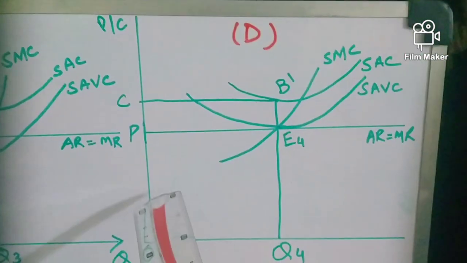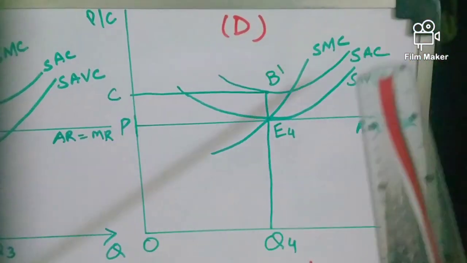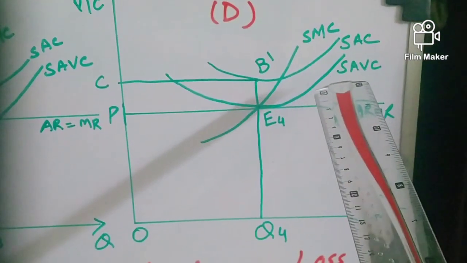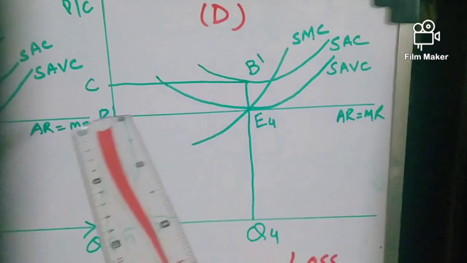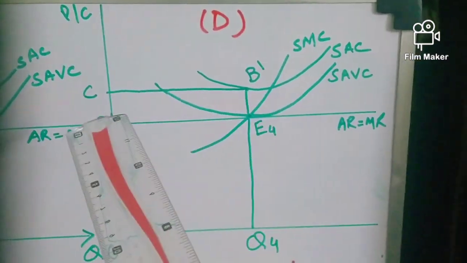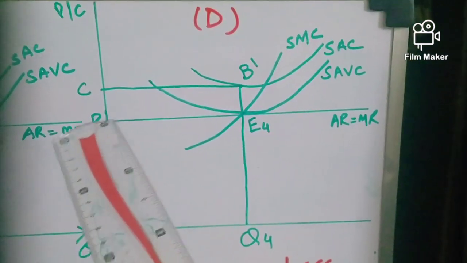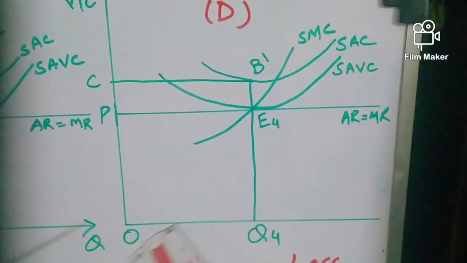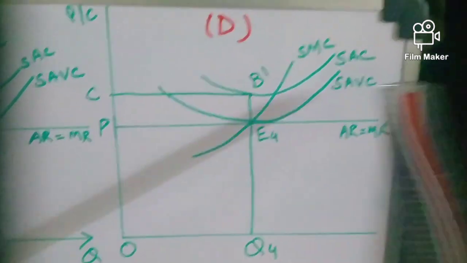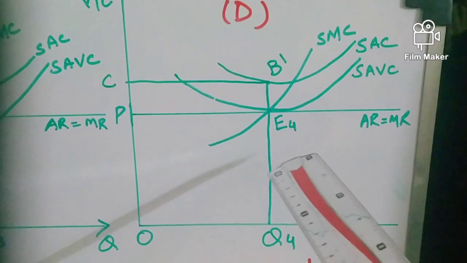Again, on the y-axis, I have taken price and cost, and on the x-axis quantity. The short-run average cost curve is above the price line, and the short-run average variable cost curve touches the price line. Now, CB dash line shows the cost, and PE4 is the price. So OP is the price determined, and OQ4 is the equilibrium quantity determined. Now, loss is equal to PCB dash E4.